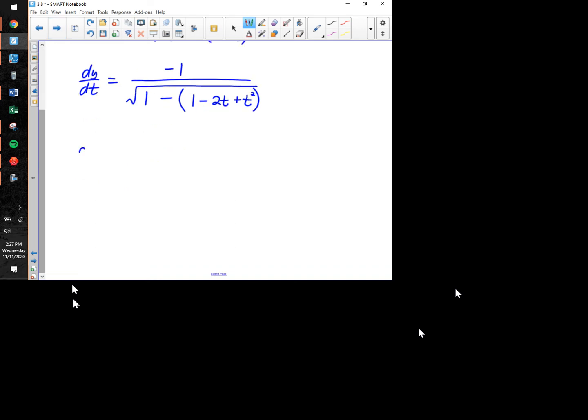And now the derivative of y with respect to t is equal to a negative 1 on top. And then down on the bottom, it's going to be the square root of, and I think you guys can see it, the negative distributes inside here, and your very first two terms are going to be 1 minus 1. Gone.